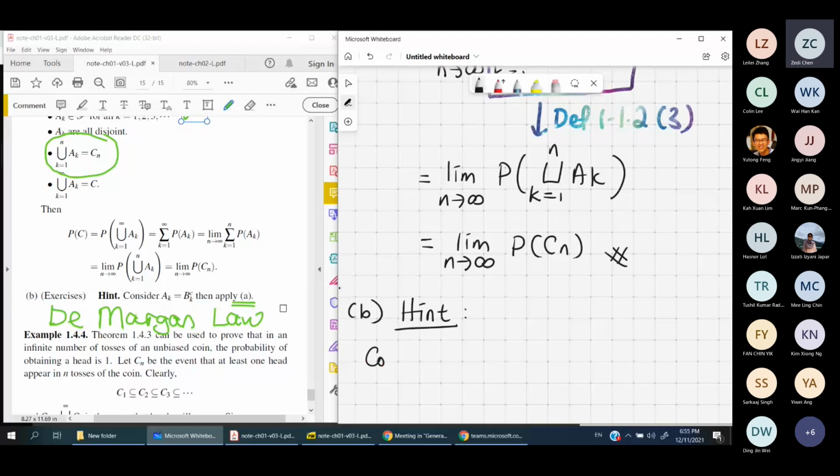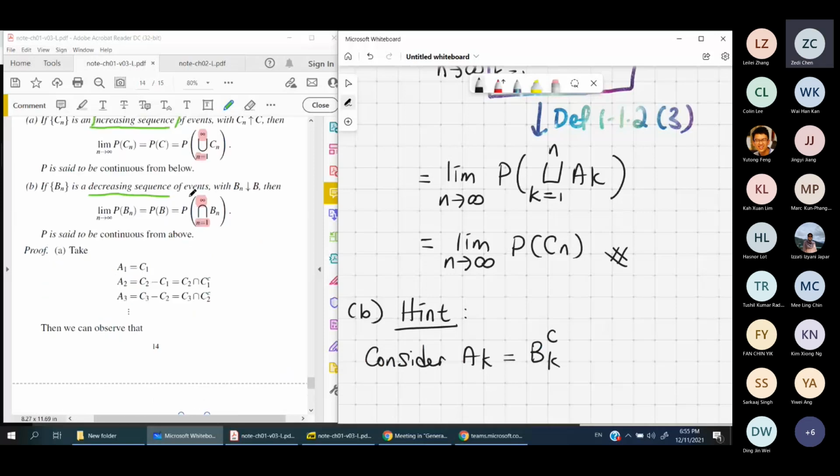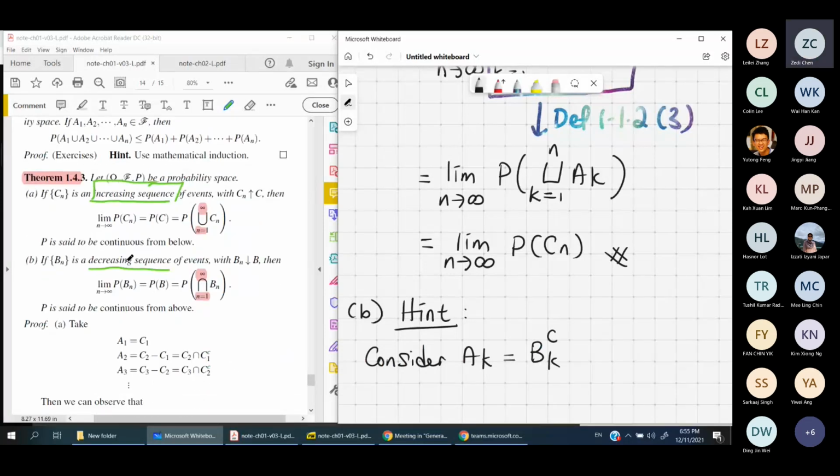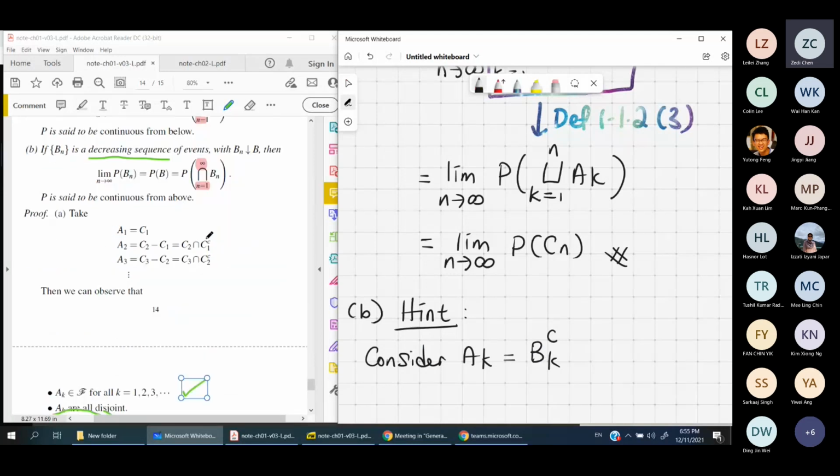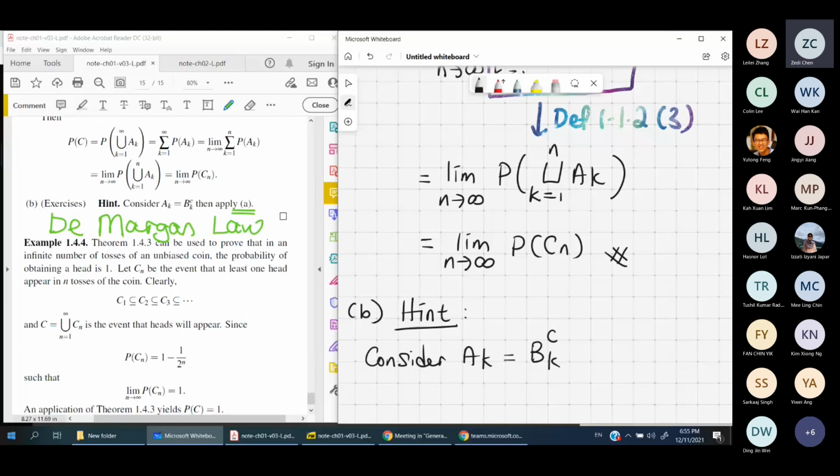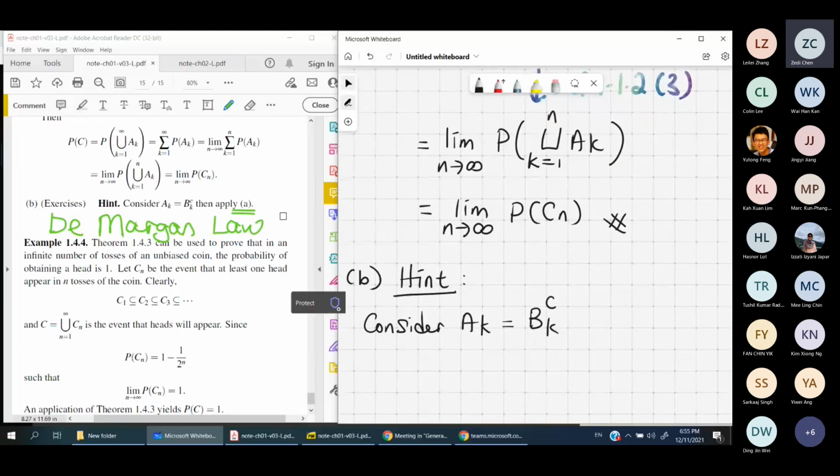What you can do is consider AK to be the complement of BK. Why do this? Because you can see BK is decreasing, so if AK is the complement, AK will be increasing. So you may apply it over here. You consider this, then you apply part A of this theorem, and you might need to use De Morgan's law.